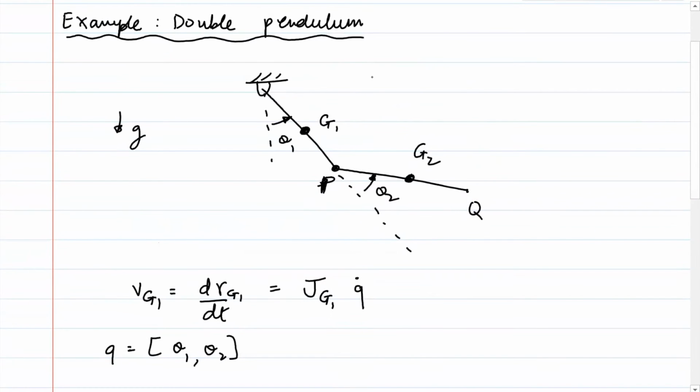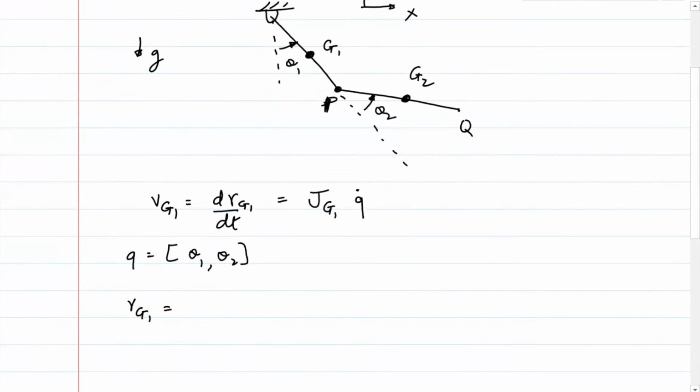So if this is the x direction and the upward direction is the y, then just by inspection you can see that the position of G1 in the x direction is going to be, given that this is C1, C1 sine theta 1, and then the y coordinate is going to be C1 cosine theta 1, and I believe we chose y to be up, so it's going to be negative.